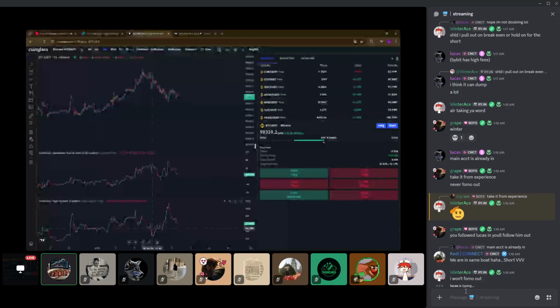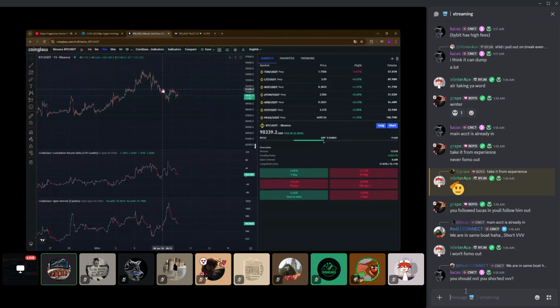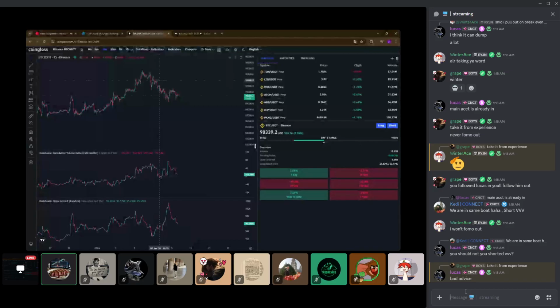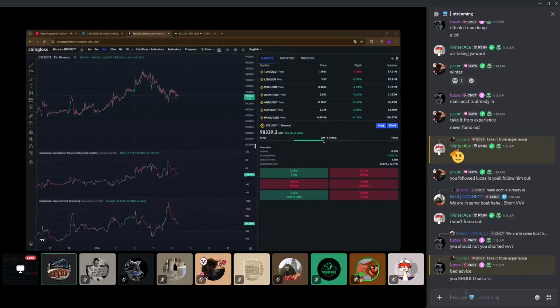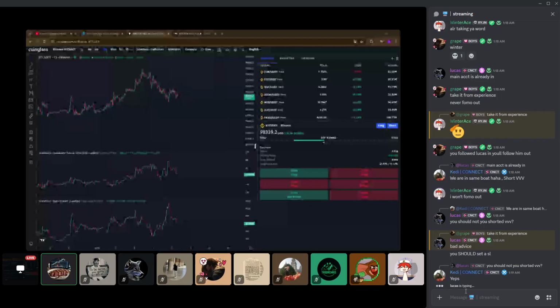The only liquidity that we have is the shorters that are between 91.65k, which we teased yesterday, and actually the bounded high at 93k. These are some good liquidity levels to take.